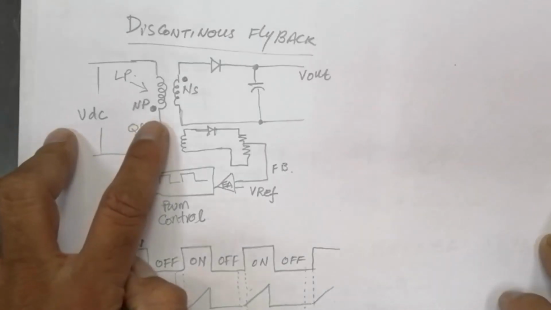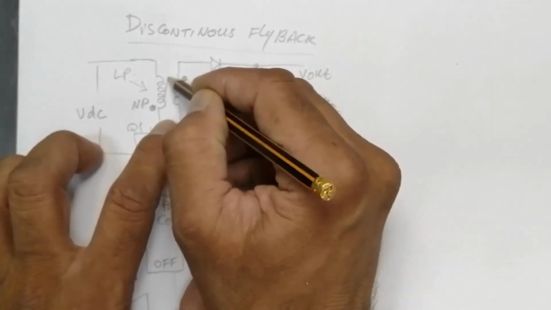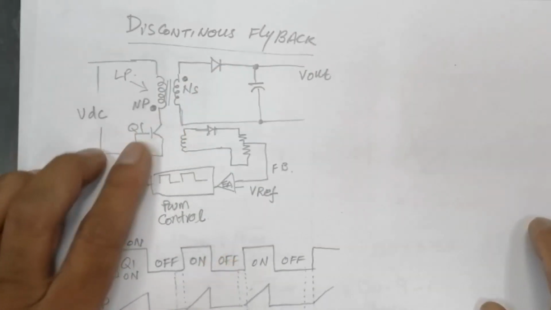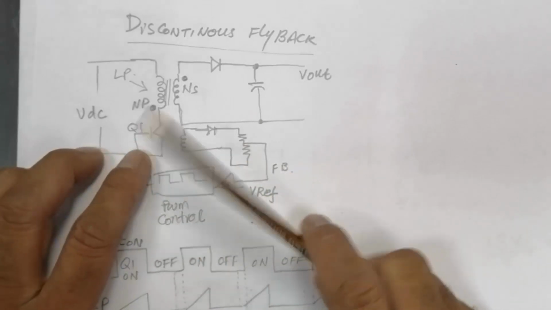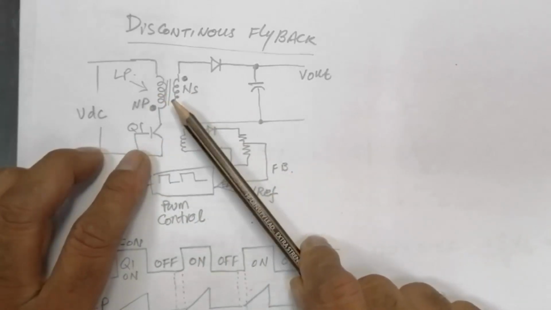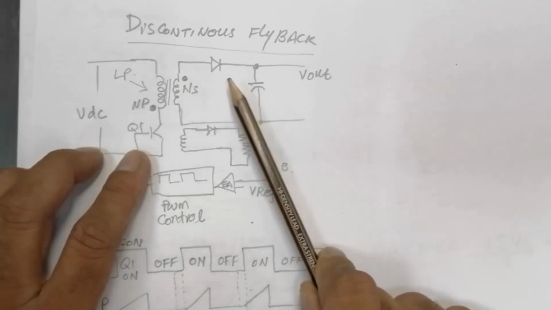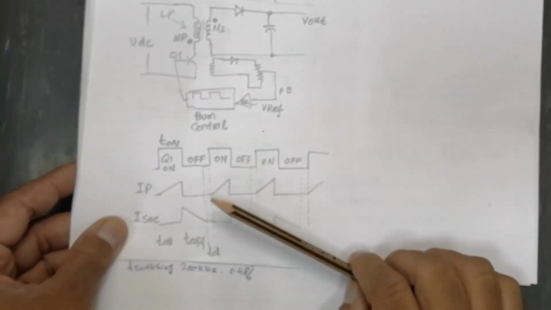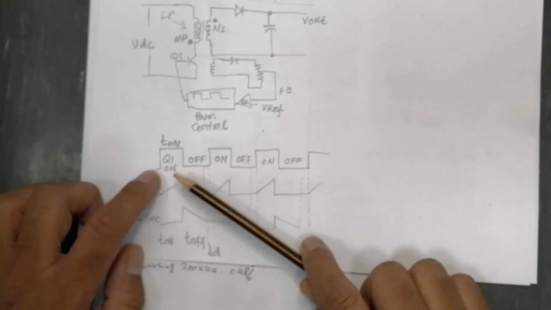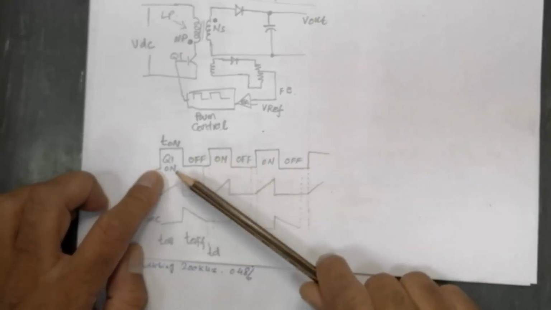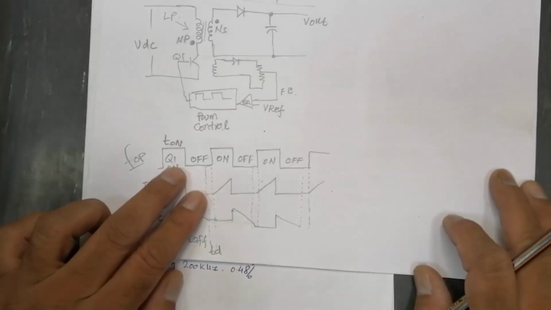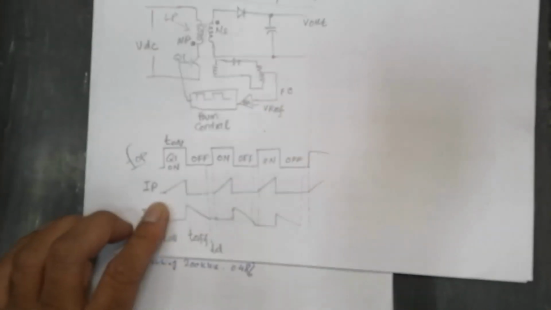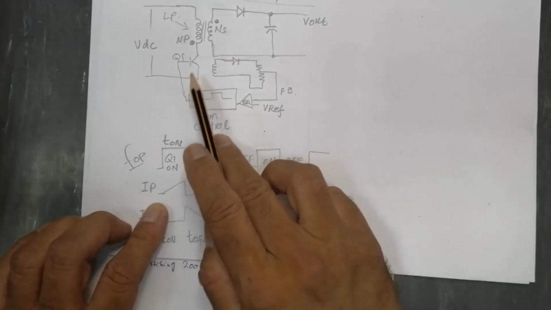If we look very closely, here we have a transformer, primary and secondary. But this transformer is totally different from our normal transformer action. Why? First we have to take a slight look here. When Q1 is on, it will cause current to flow in the primary.